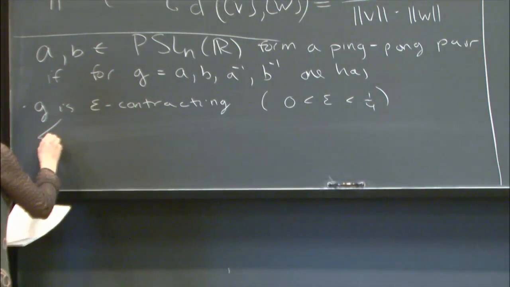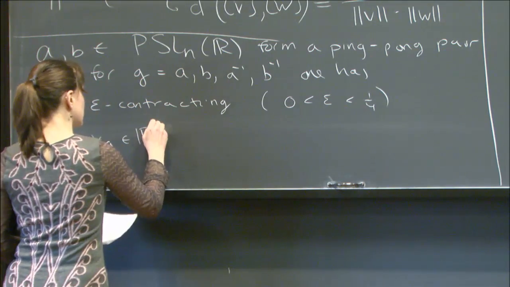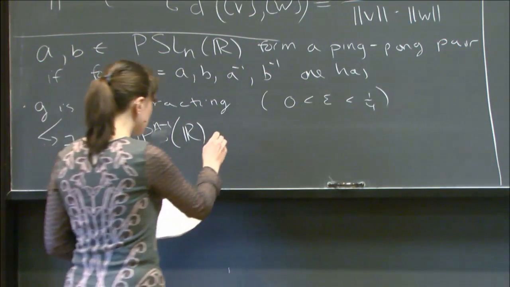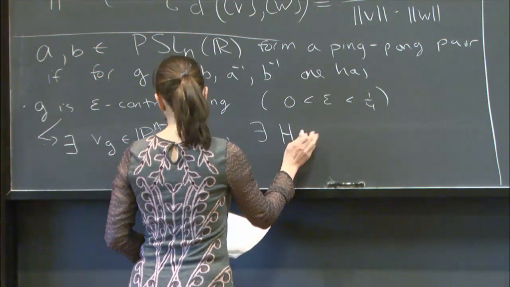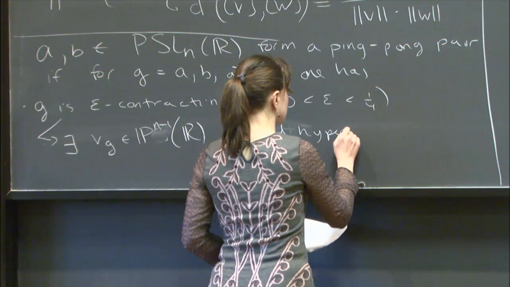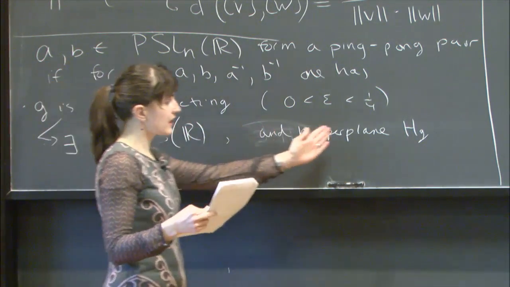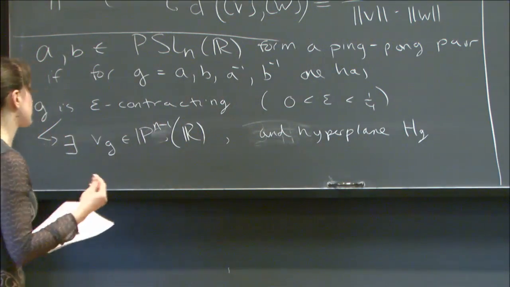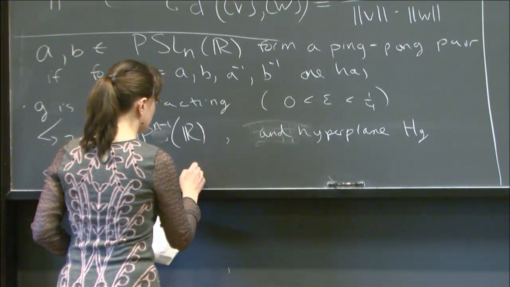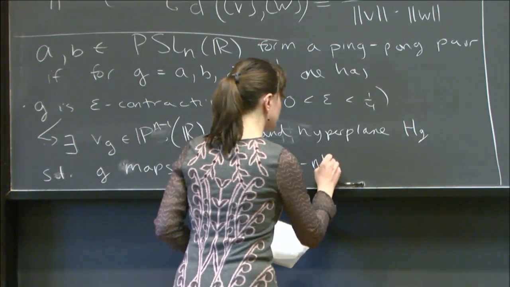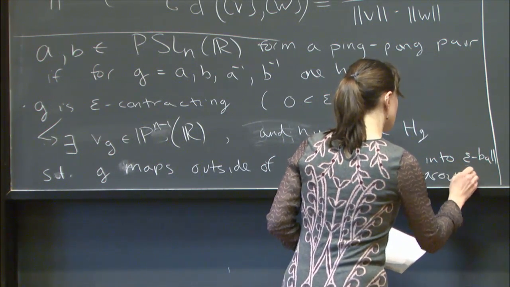And what does this mean? This means that there exists an attracting fixed point, V_g, in projective space, and a repulsive hyperplane, H_g, such that g maps the outside of the epsilon neighborhood of H_g into the epsilon ball around V_g.